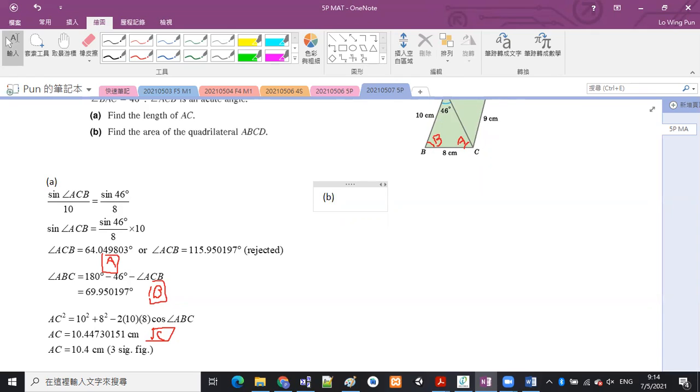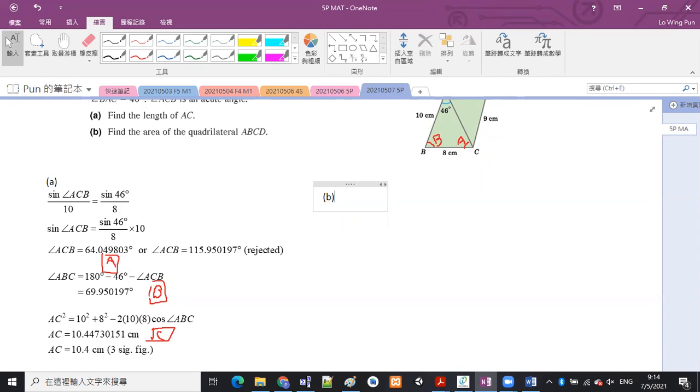So you can just use any method. Okay? But among the half AB sine theta formula or the Heron's formula, which one do you want to use? So I don't want to use the Heron's formula because it involves 2 steps. Okay, so I want to use the half AB sine theta formula.